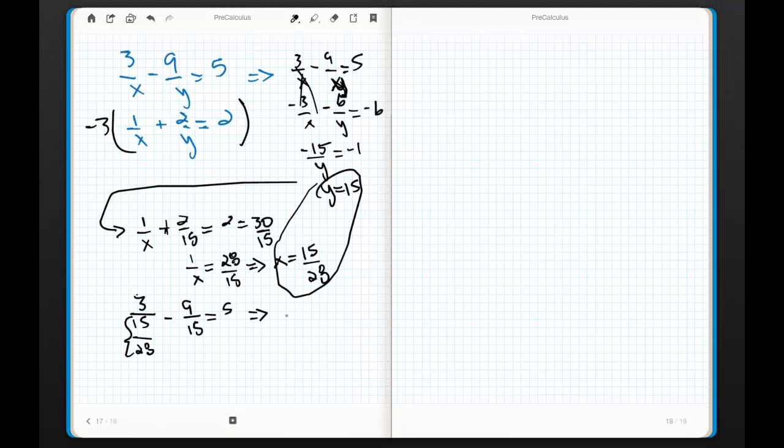So here we go. 3 times 28 over 15 turns into 84 over 15. 84 over 15 minus 9 over 15, last I checked, was equal to 75 over 15, which equals 5. Checkaroo. Just like in Algebra 1, it's just that we're dealing with uglier looking things.